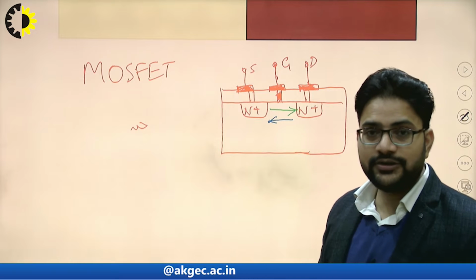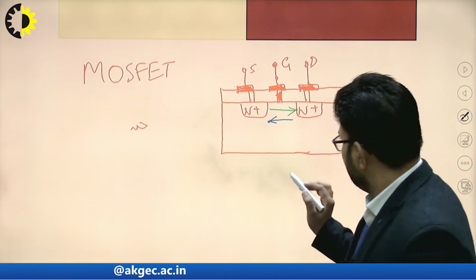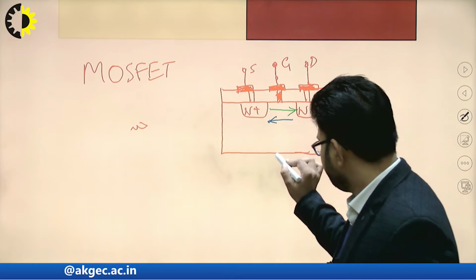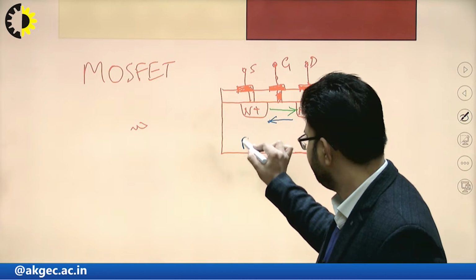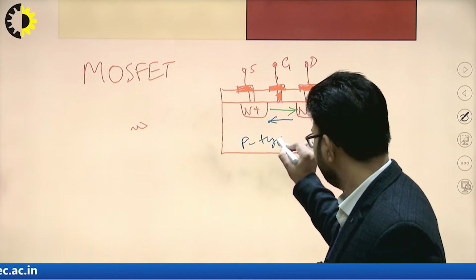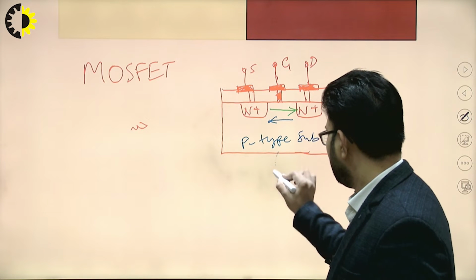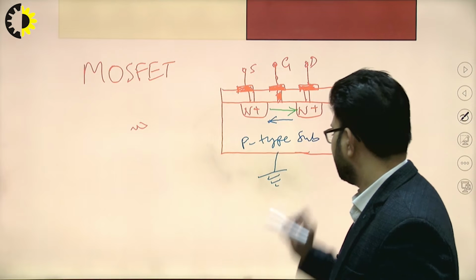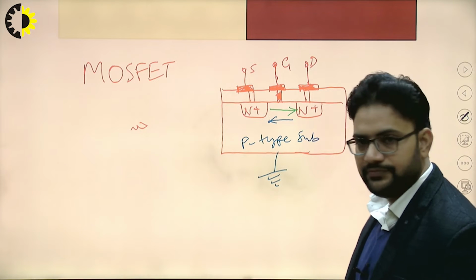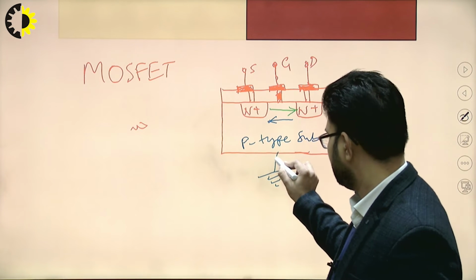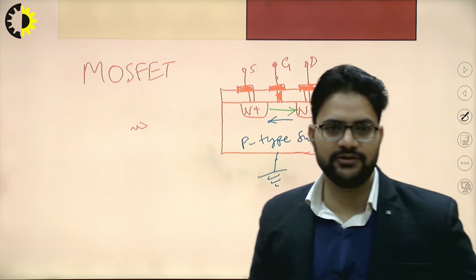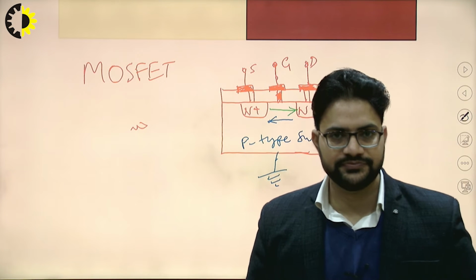Now how does it follow? First, this is actually the P-type substrate, and this is grounded. This body terminal is grounded to reduce the noise.